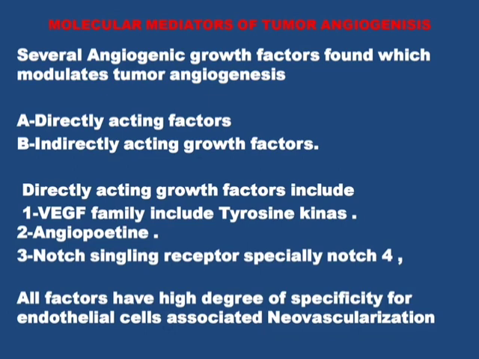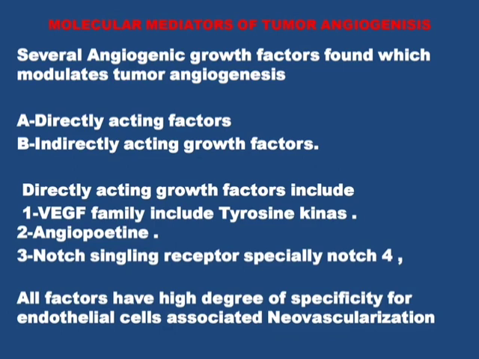So what are the types of vascular endothelial growth factors? We have vascular endothelial growth factor type 1, type 2, and type 3. Out of these, type 1 and type 2 regulate angiogenesis, and type 3 regulates lymphangiogenesis.